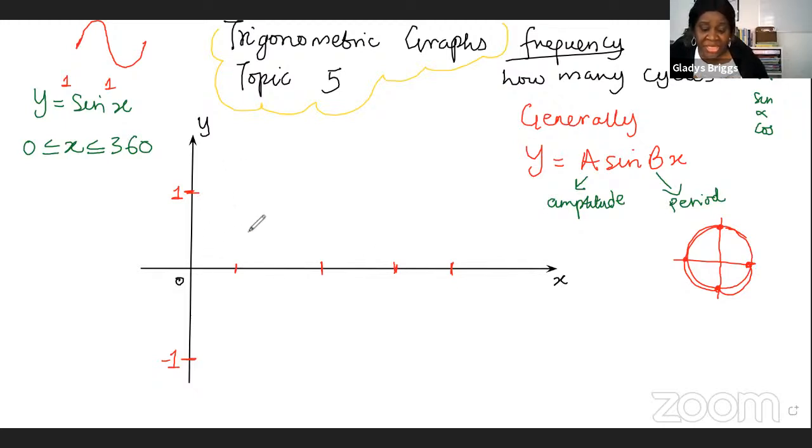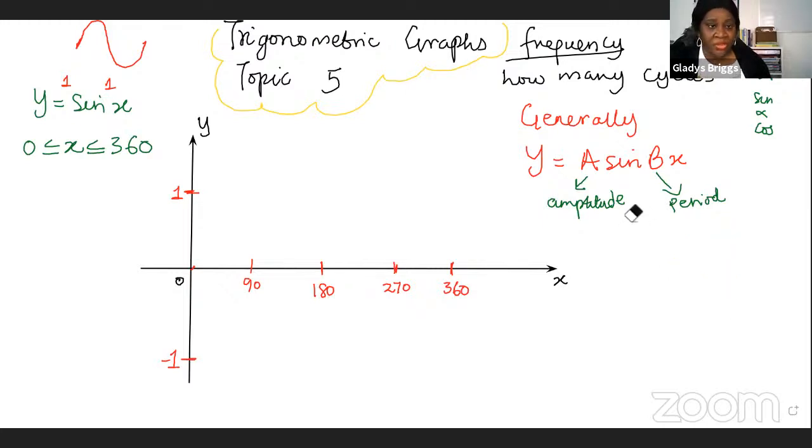So 90 degrees takes it from 0 up to, let me just mark it there. This is 90, this is 180, this is 270, and this is 360. So think of it as a full circle. Let me rub this off and draw it properly for you so that you can see what's happening.